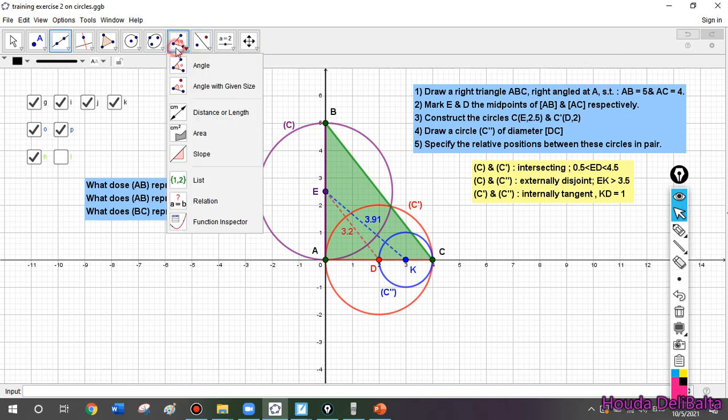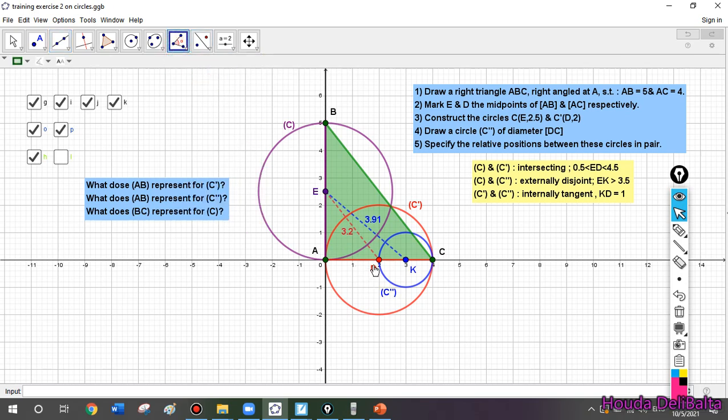Why? Let's make sure of the angle. If I move the angle DAE, I can notice that the angle is measuring 90 degrees. So that line is perpendicular to the radius or the diameter of the circle C prime. So we say that line AB is tangent to C prime.